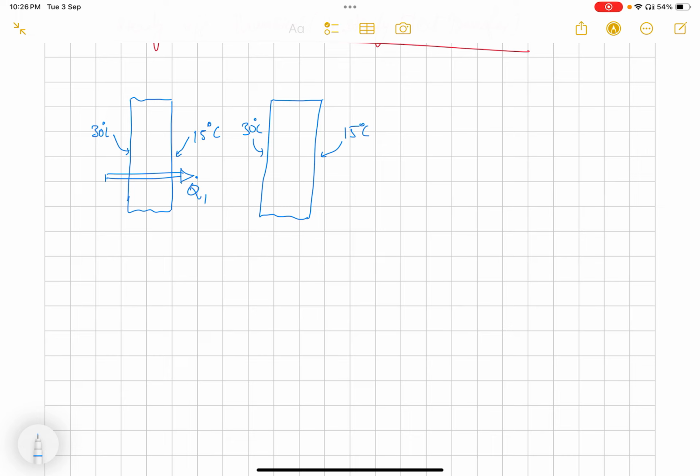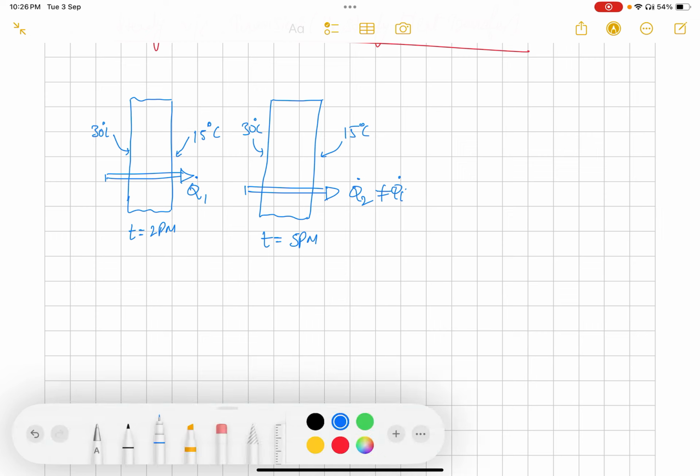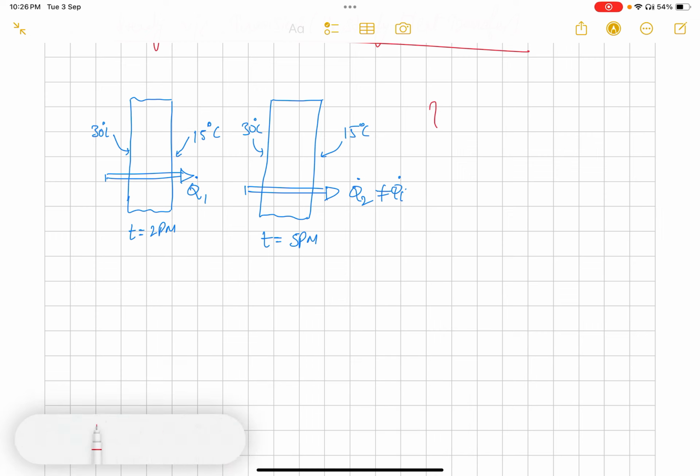Q1 is the rate of heat transfer through this wall. Let's say we are observing at 2 p.m. and it is some heat transfer Q1, and let's say we observe the same wall at 5 p.m. and the heat transfer through the wall was Q2, and it is not equal to Q1. If it is not equal to Q1, this is unsteady, or transient, heat transfer.